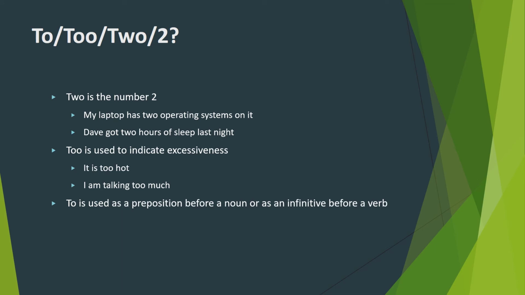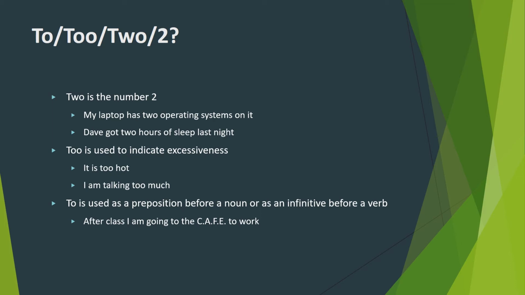And then to, T-O, is used as a preposition before a noun or as an infinitive before a verb. So some of the examples that we use: after class, I am going to the cafe to work. So if you look at the first to there, you are going to the cafe, which is the Center for Academics and Faculty Enrichment. You're going there. The cafe is the noun.